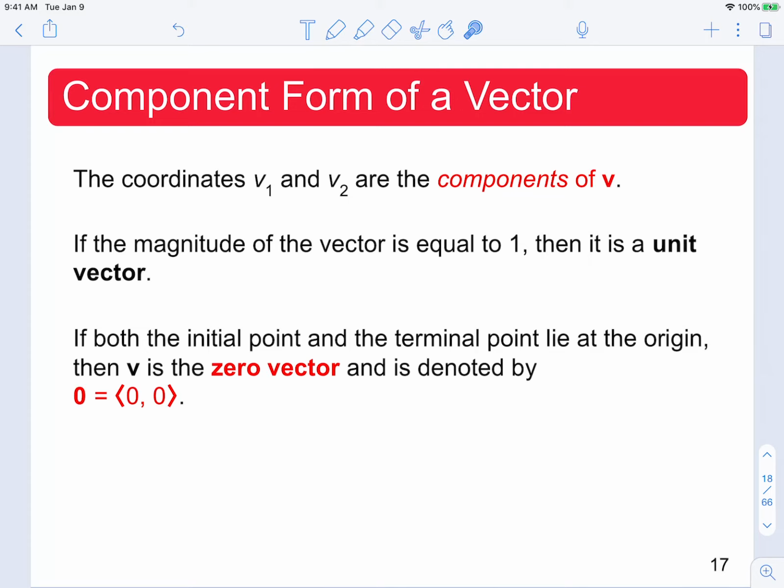These are two important ones that you'll see a little bit later. They're going to be used in other definitions. The unit vector is a vector with a magnitude of 1, and the zero vector has a length of 0, with its initial point and terminal point at the origin.